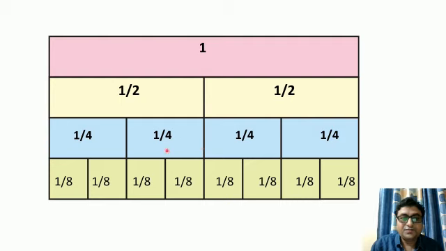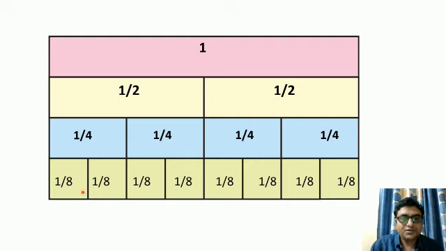Now we divided into four parts. This strip is further divided into four parts. So each part becomes 1/4. So 1/4, 1/4, 1/4, and 1/4, because we divided this strip into four parts. Next, we divided the same strip into 8 parts. So each part becomes 1/8.